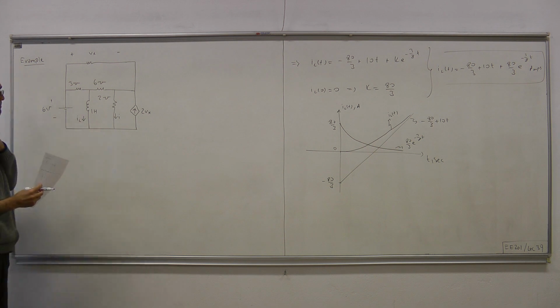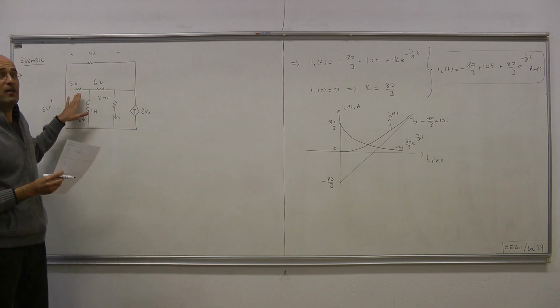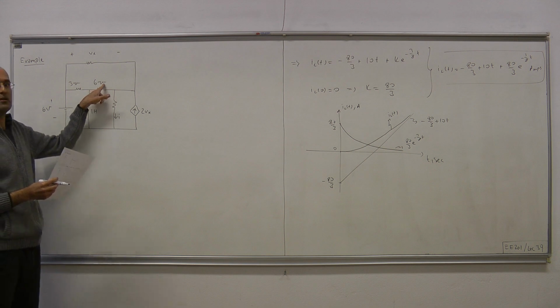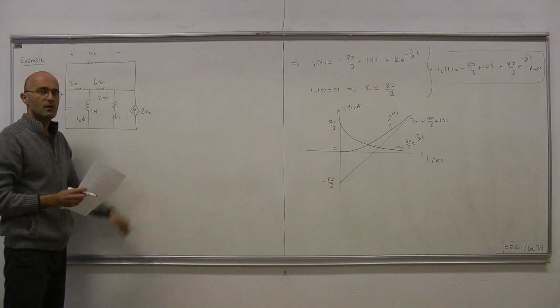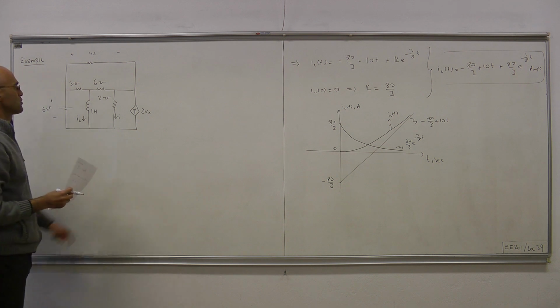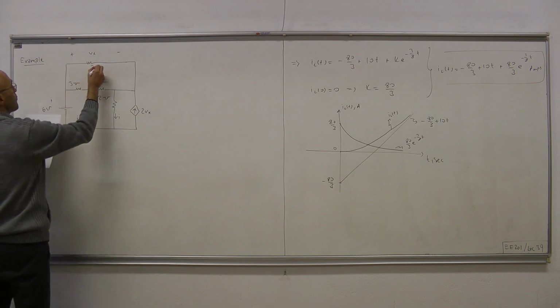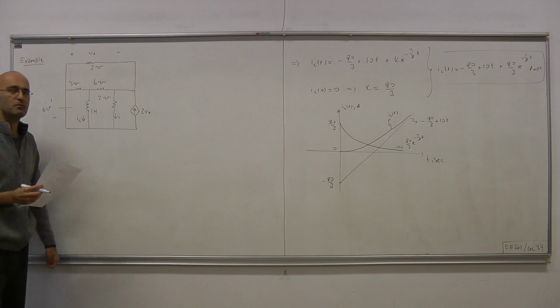So this is a circuit where the resistors are represented by their conductances. Note that these are not ohms, but mhos. Okay. And we have a linear dependent current source where the control variable is the voltage across this 2 mho resistor, and we have a constant source.